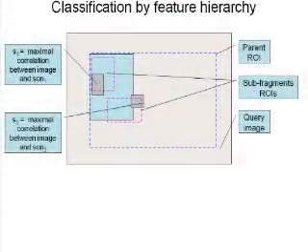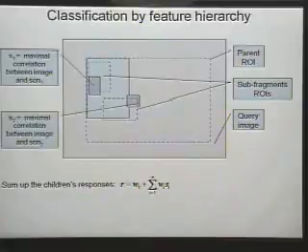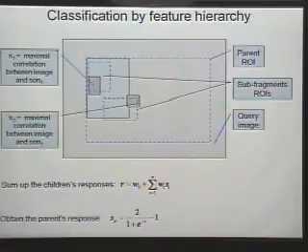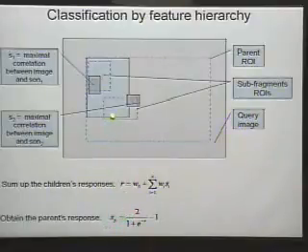Then what remains is to combine those two responses of the sons. We do it in a linear way, plus some bias weight, obviously. Then we feed this combination to a sigmoid function to soft threshold it and normalize. This is the response of the parent fragment for a particular location.